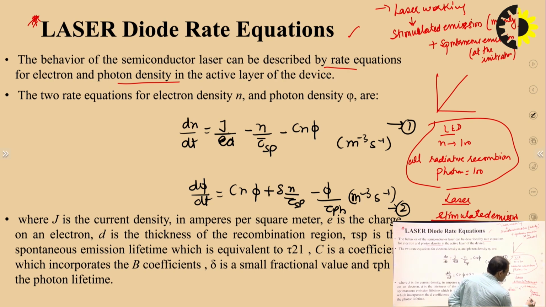These two photons further excite electrons, which move to the conduction band, and when they release energy and come back to the valence band, they release 4 photons.